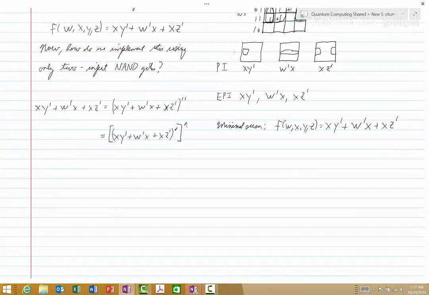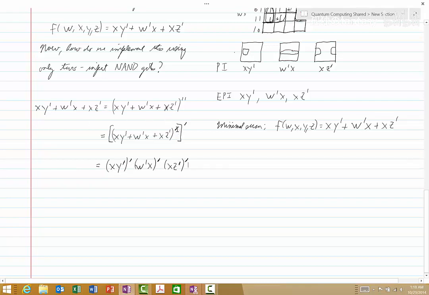Now the prime on the outside we're going to leave as it is, but the prime on the inside of the bracket we will get rid of using De Morgan's theorem. De Morgan's theorem, as we observed in a previous class, says that the complement of a sum is the product of the individual complements. So we have xy prime, ANDed with w prime x prime, ANDed with xz prime prime.